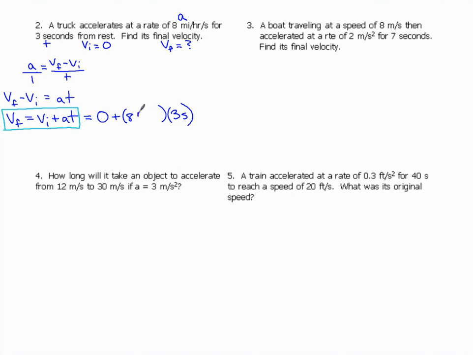We have 8 miles per hour per second. Then we can see a little better that seconds are going to cancel. Our final velocity is 8 times 3, 24 miles per hour.